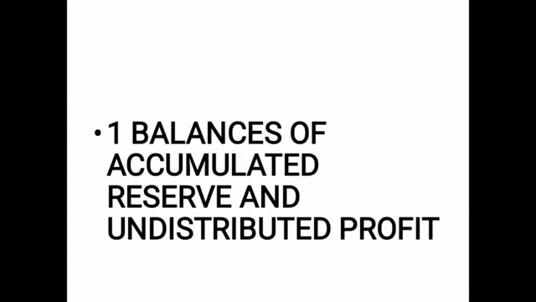Okay, it says balances of accumulated reserve and undistributed profit. Okay, please understand. You've understood chapter 5 and chapter 6. What you used to do during that time with the balances of accumulated reserve and undistributed profit?